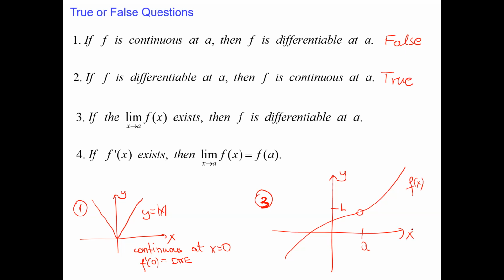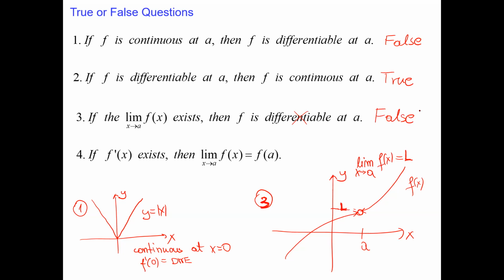The limit exists, I just put L. The limit of the function f of x as x approaches A: we can see the function is approaching that open dot at level L. So the limit exists. However, we do not have the value. The function has a removable discontinuity, so it's not differentiable. That's also false.